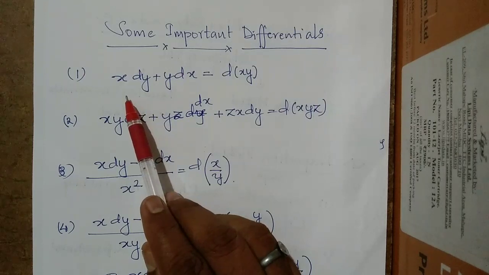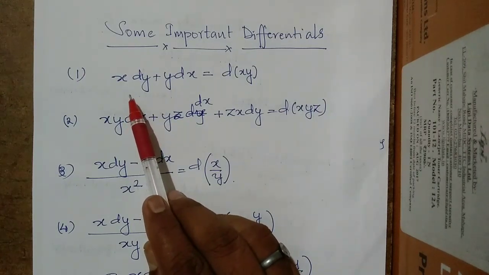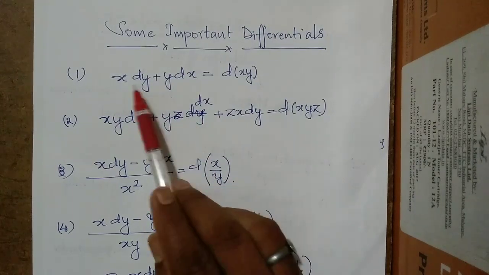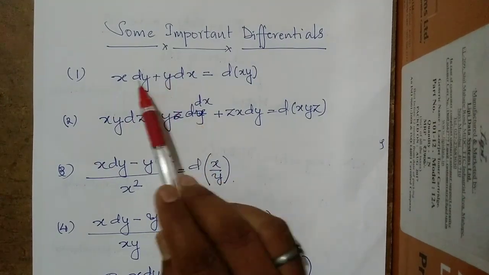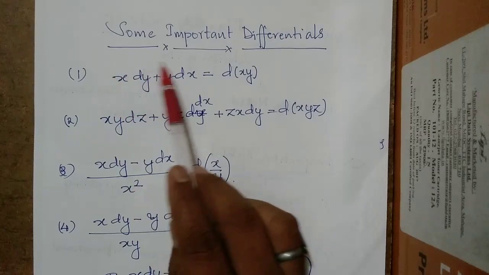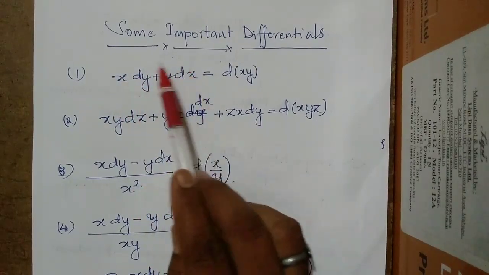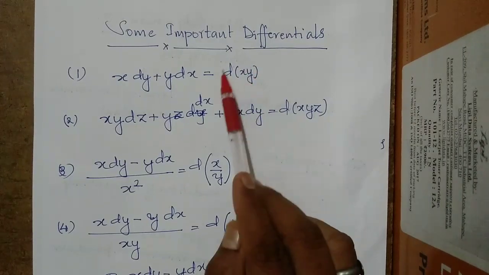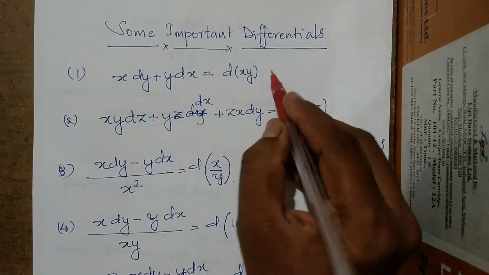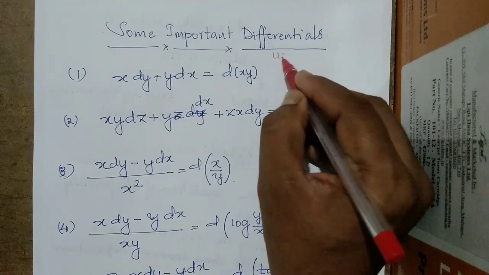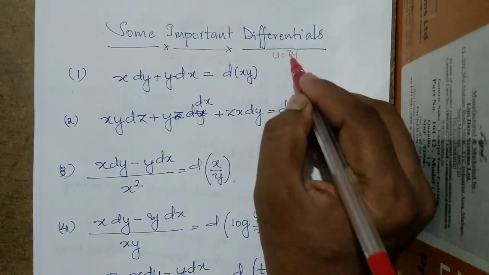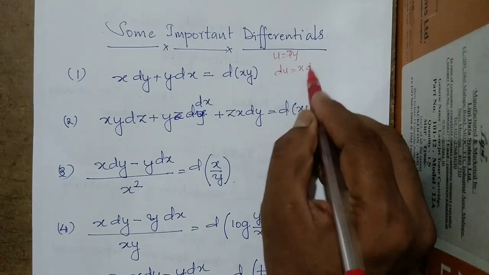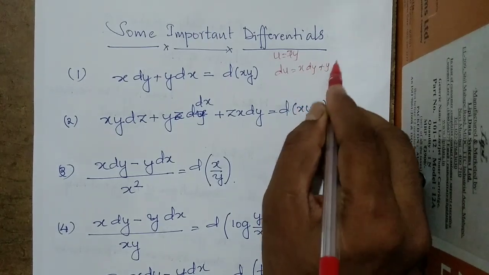Suppose our differential equation has only two terms, x dy + y dx. Just its way of writing is different. So it is already a standard differential. It can be written as d of xy. What is a differential? du is called a differential. Suppose u is equal to xy, then its differential du is equal to x dy + y dx.